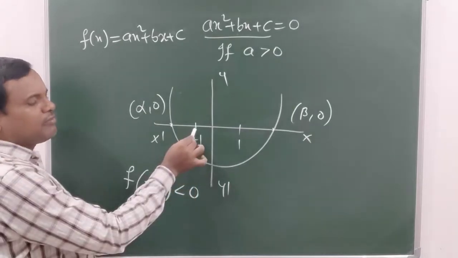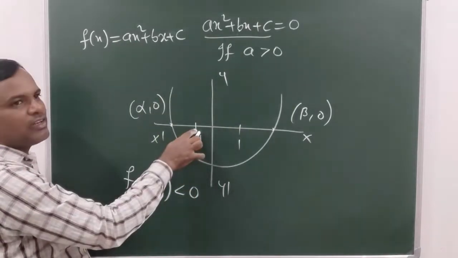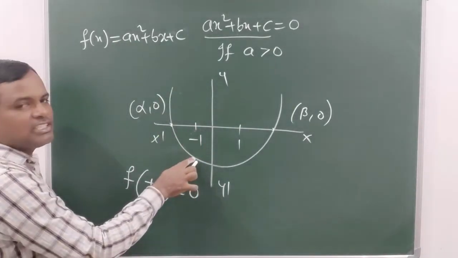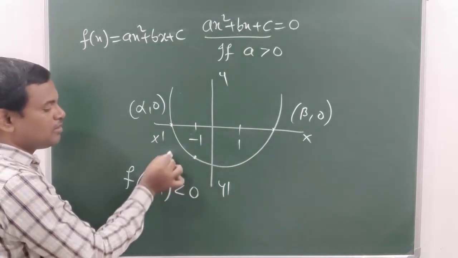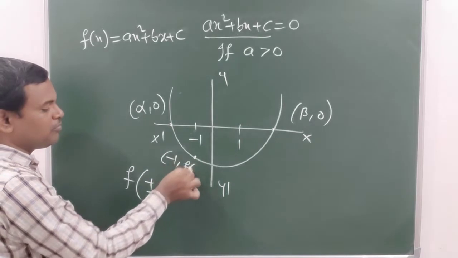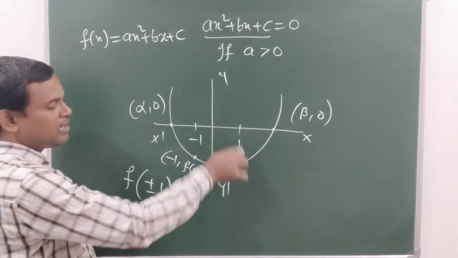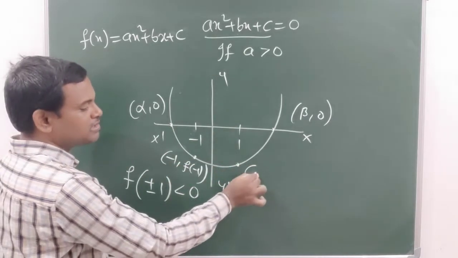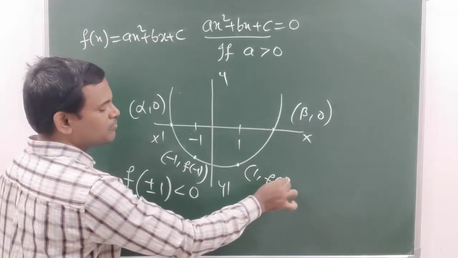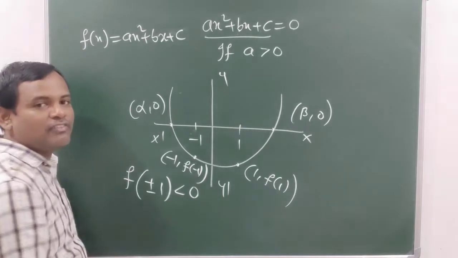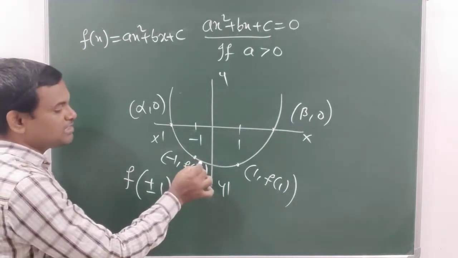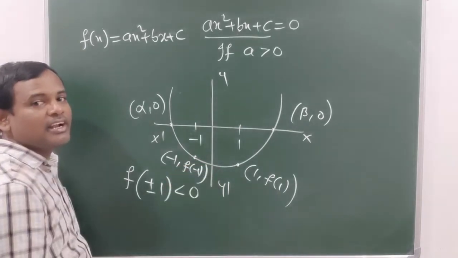When you take x equal to -1, your corresponding range is below the x-axis. Here you will get the point -1 comma f of -1, and here this point's coordinates are 1 comma f of 1. On the x-axis, we get negative.